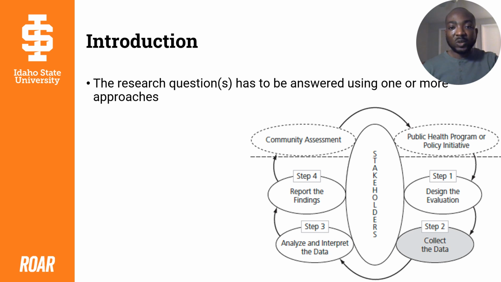So applying the community-based participatory research principles to quantitative data collection requires paying particular attention to the participation of stakeholders in the conceptualization, development, as well as implementation of the methods.